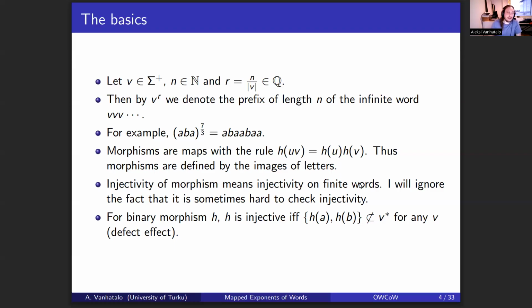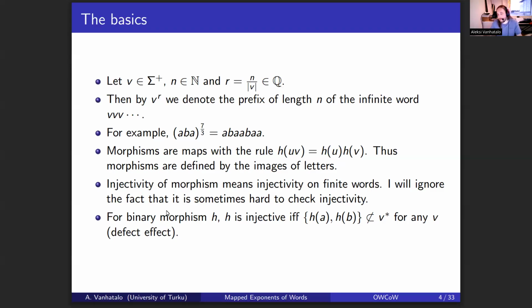At some point, I will talk about a situation where I have a two-way infinite word that has 2 pre-images, even though the morphism is injective. Obviously, it's not injective then on the 2-way infinite words. It's injective on the finite words. In the whole talk, I will ignore the fact that injectivity checking is not necessarily trivial.